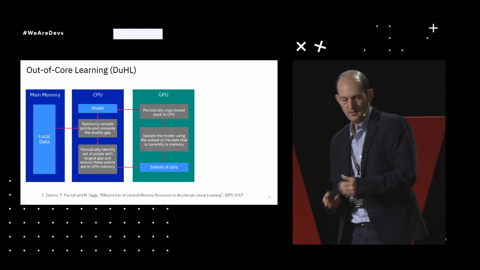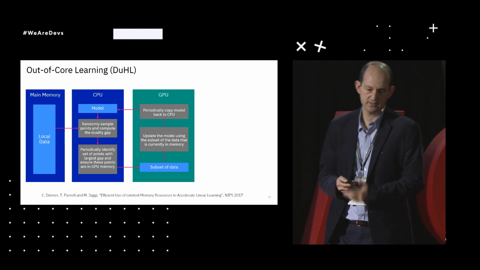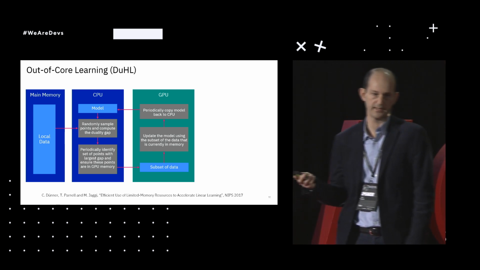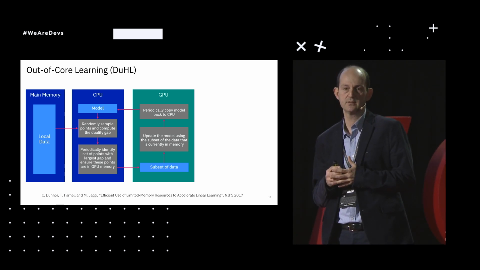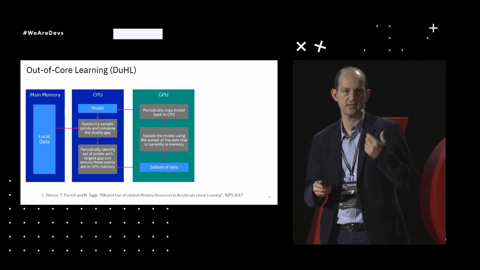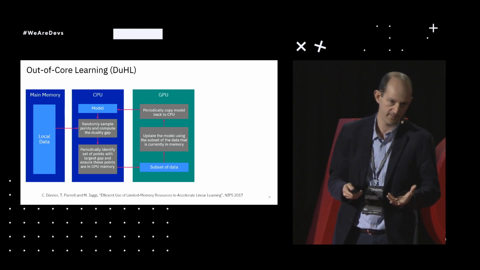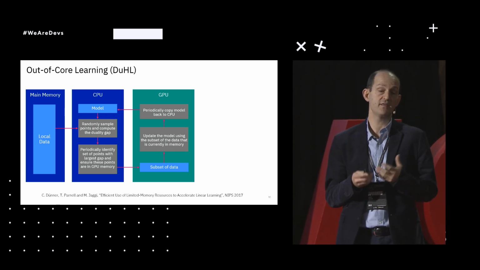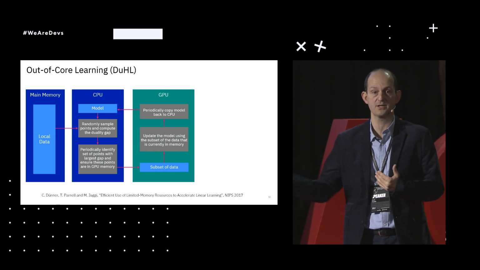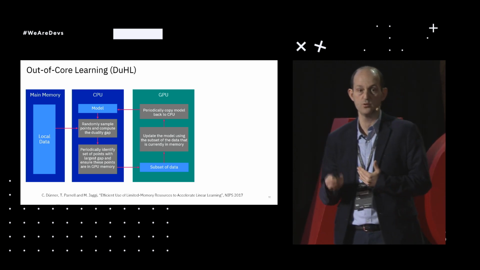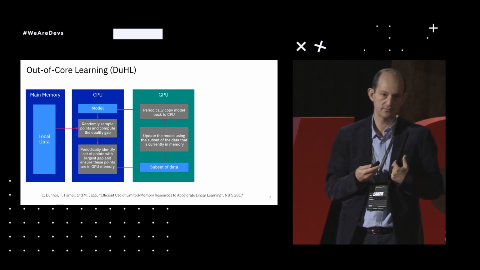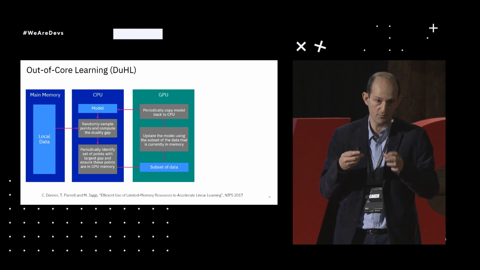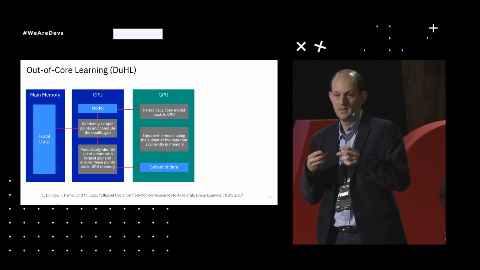And the third element is what we call out-of-core learning. Out-of-core learning is needed when the data does not fit in the memory of your server, or actually, when the data does not fit in the memory of your accelerator. If you have a GPU or multiple GPUs, you want to train on the data that fits in the memory of your GPU.